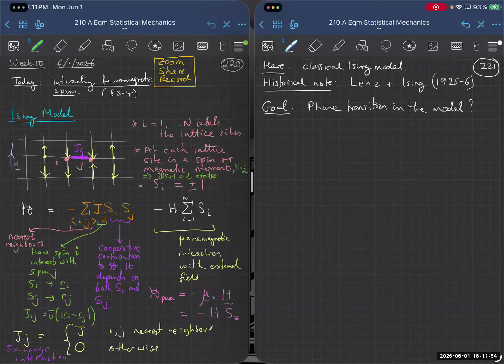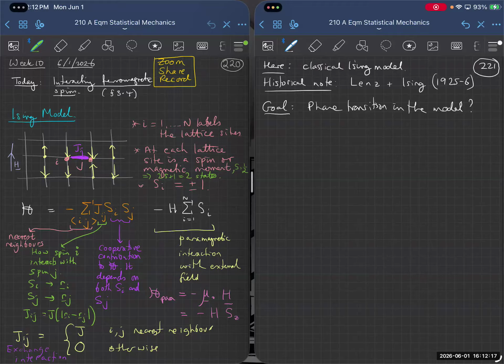We're going to see, first of all, is there one? And then we're going to see how to derive it. Once I've done this, I'll then tell you a little bit more about what Lenz and Ising concluded in their study 100 years ago.